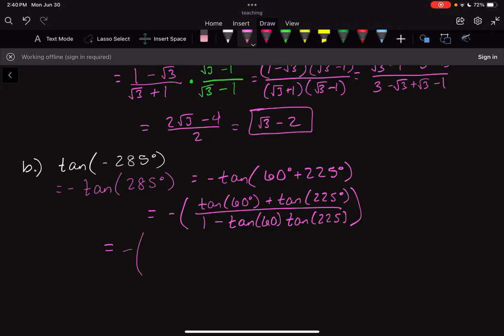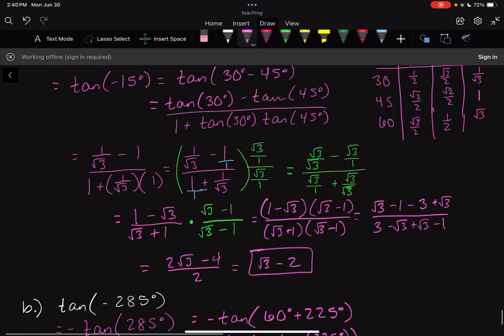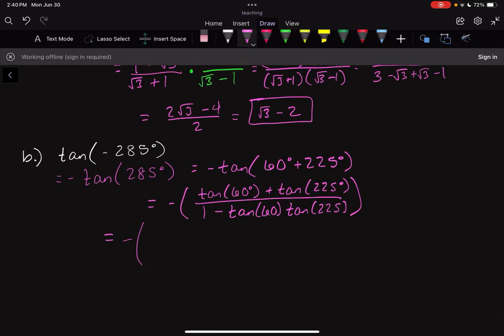Next, I'm simplifying. So tangent of 60, if we go back up to my table, tangent of 60 was root 3. So this becomes root 3. Now 225 has a reference of 45, and it's in quadrant 3. Quadrant 3, tangent is positive. So that's going to be 1. If it was negative, you would want to put that in here.